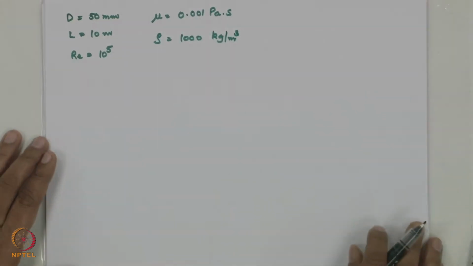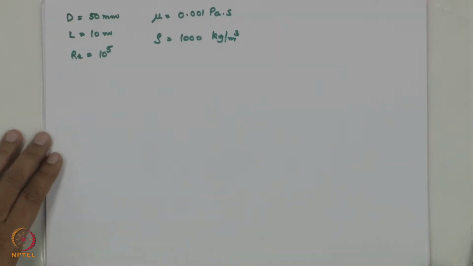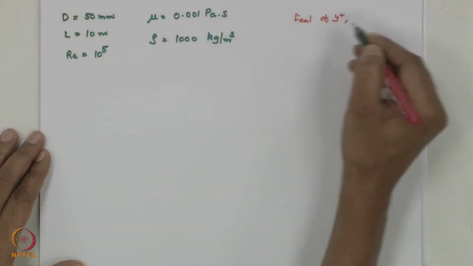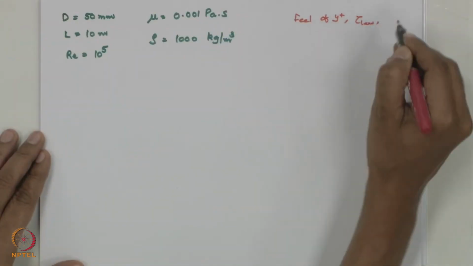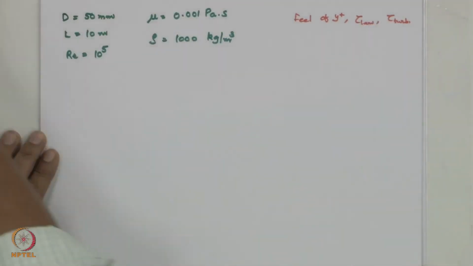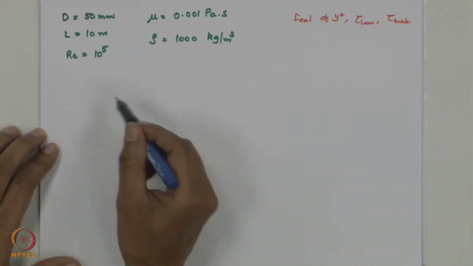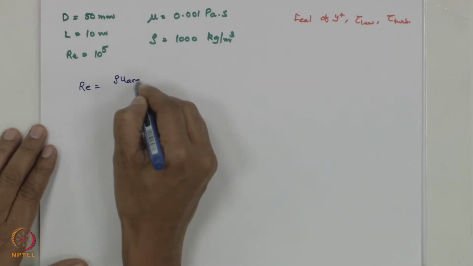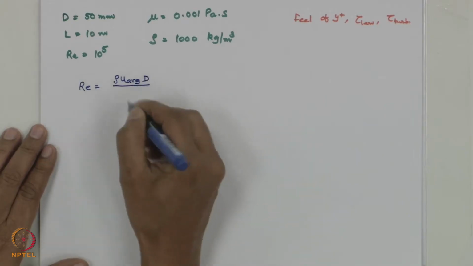These are the properties. Now what is the Reynolds number? In this problem I am trying to give the feel of y plus, laminar shear stress and turbulent shear stress. Reynolds number equal to rho u average diameter by viscosity.